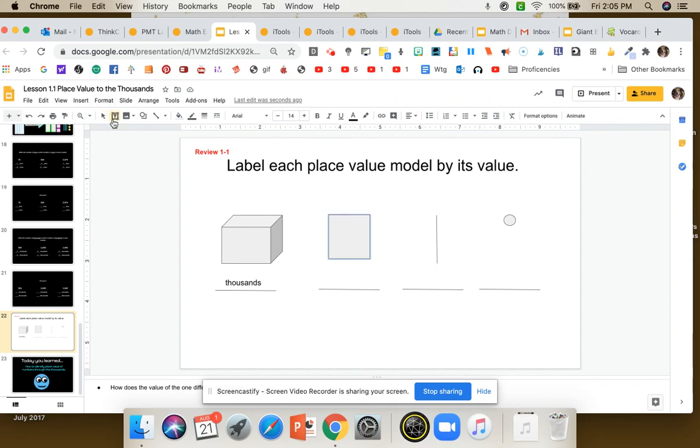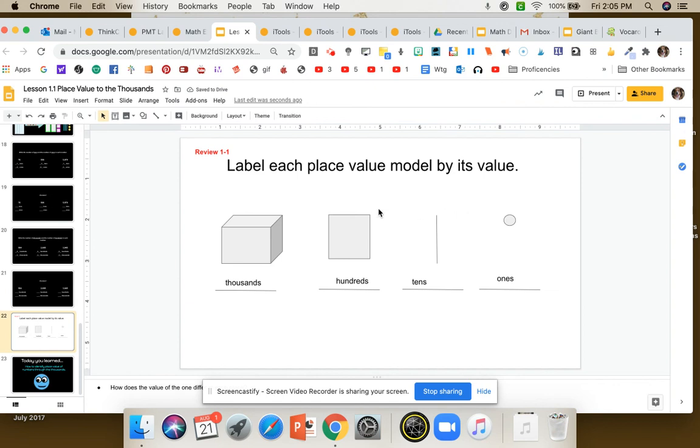Hopefully you've got the hundreds. That's our hundreds block. When we see a line, that should remind you of our quick 10, which represents the tens. And anytime we see this circle, we're going to know that it is our ones.